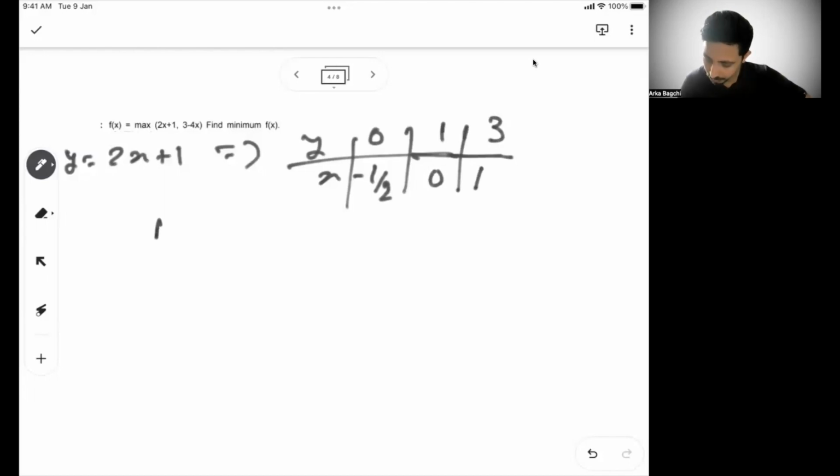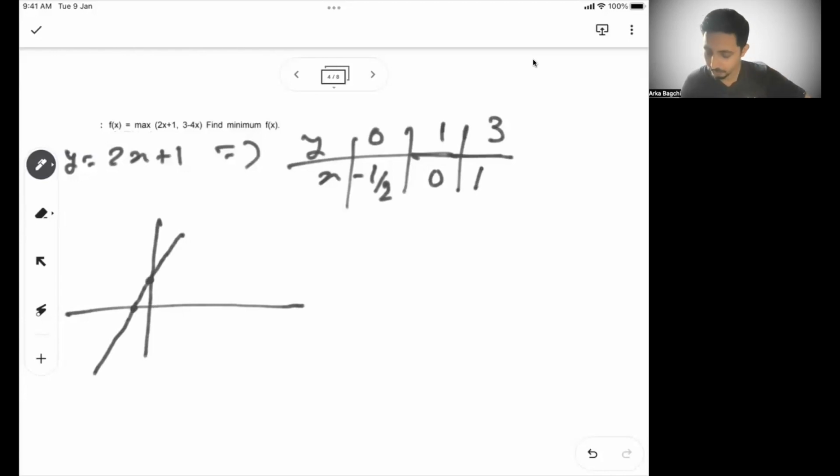So let me just draw the graph. It will be a straight line. There is no negative or modulus there. When x is minus half, y is 0, when x is 0, y is 1, right? So the line will go somewhere like this.